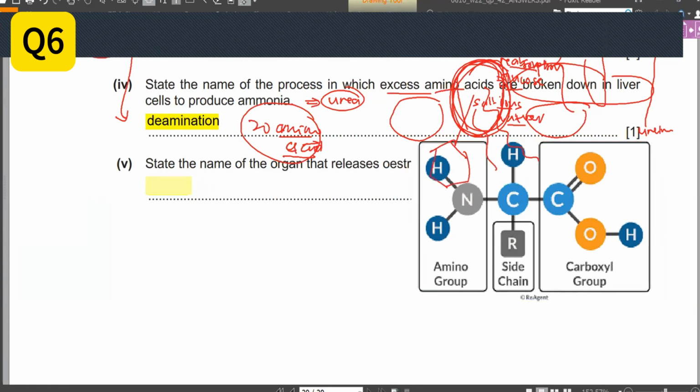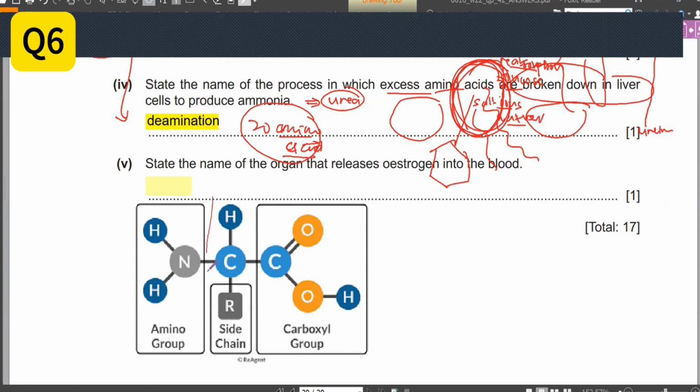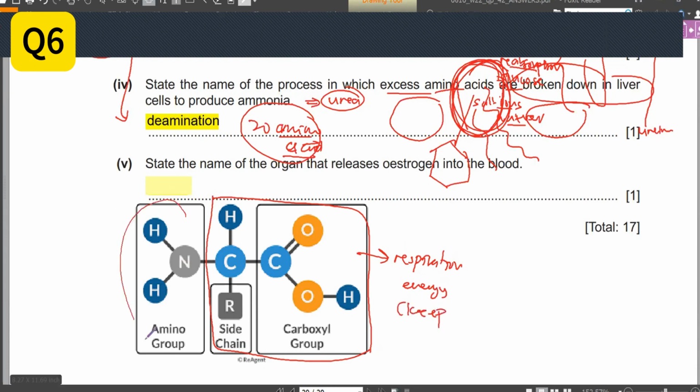For example, this part, with carbon, oxygen and hydrogen, we can actually use for respiration to produce energy, so we will keep this part. The amino group is not that useful to us.